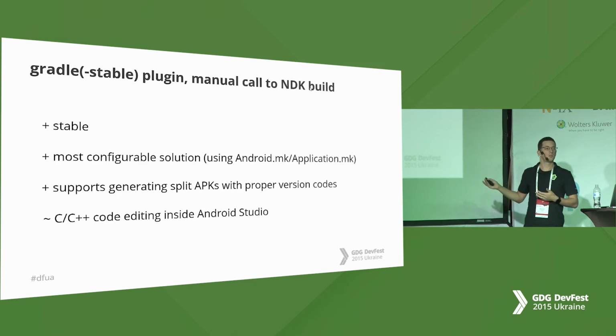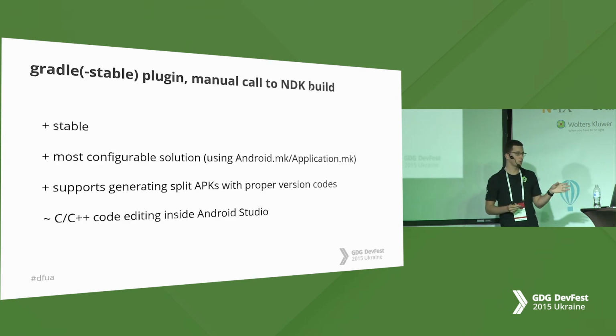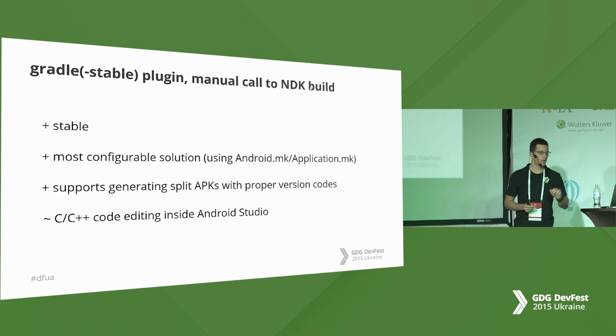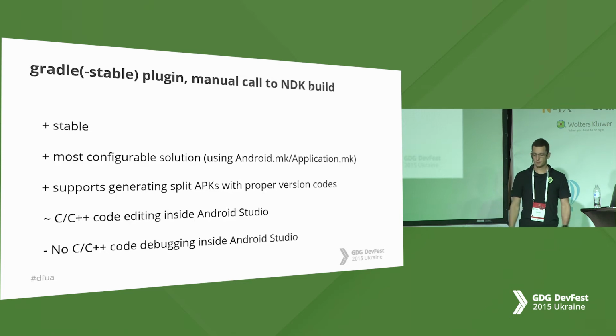But the C and C++ code editing in Android Studio, if you're using the Gradle stable plugin, is kind of working, but you'll miss some headers. If you're integrating with third-party libraries, you can't reference their headers if they are in C++. So it's not 100% perfect. And of course, you don't get debugging.